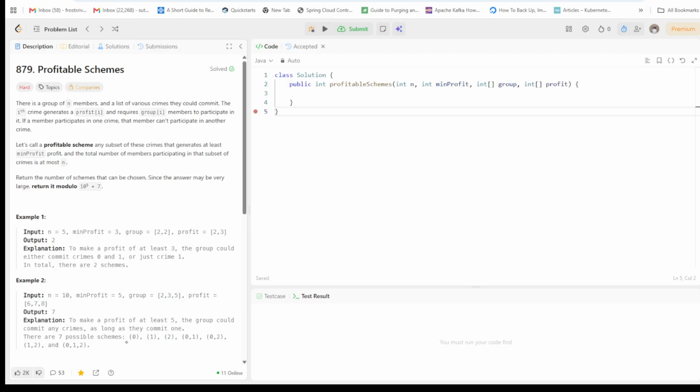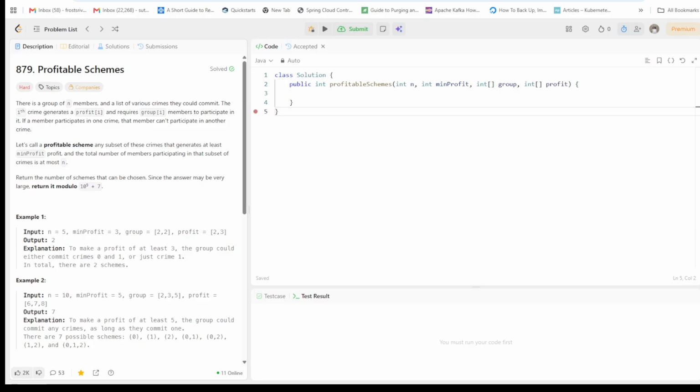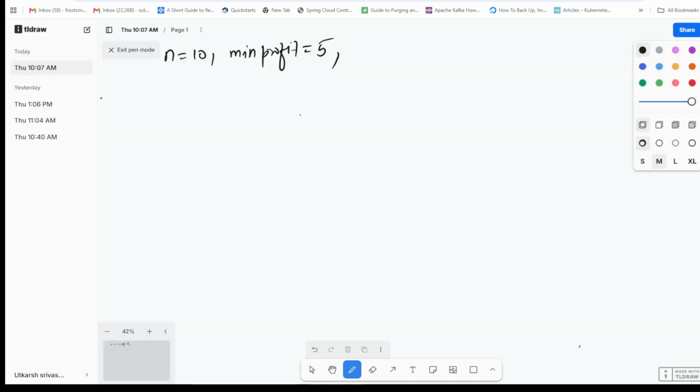If you see here for this example, let's suppose we take n equal to 10 and min profit is 5, and group is 2 3 5, profit is 6 7 8.